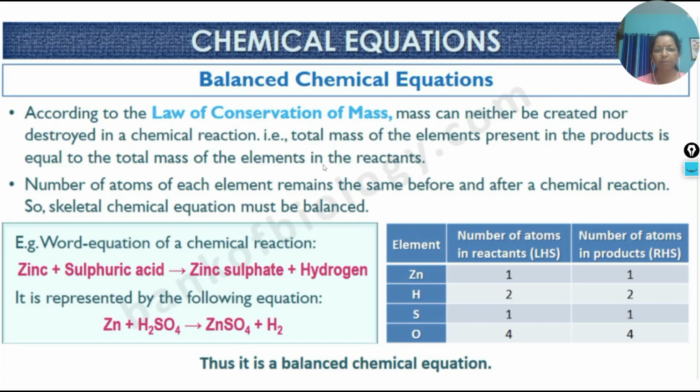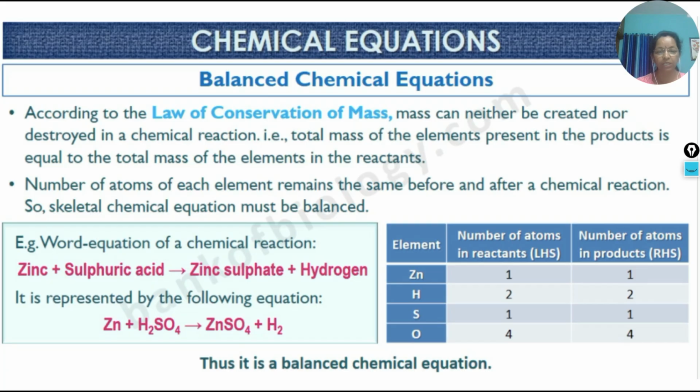Since masses are equal, the numbers also have to be equal. So what we are going to do while balancing a chemical equation is equalize the numbers. So here is a simple method to balance a chemical reaction.